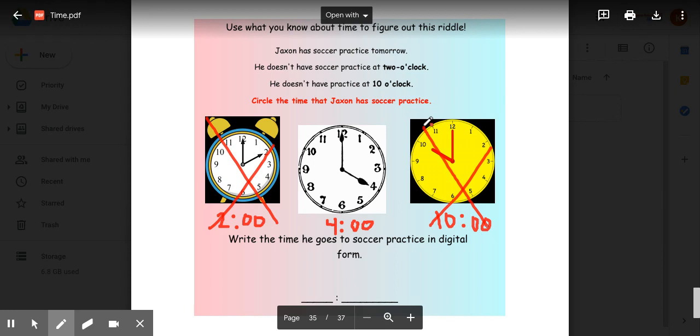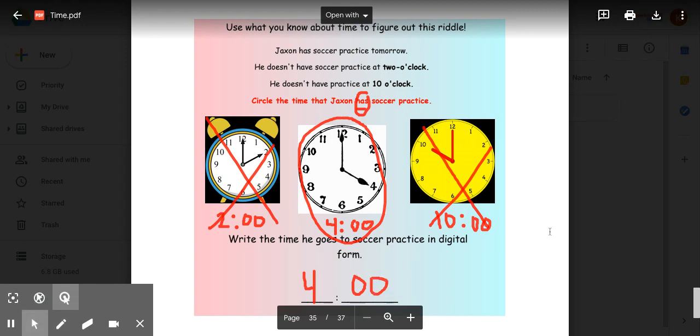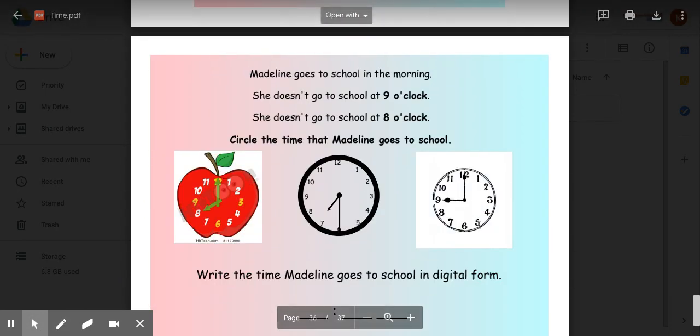He does not have soccer practice at 10. Circle the time that Jackson has soccer practice. So the only time left is 4 o'clock. We know he doesn't have it at 2, and he doesn't have it at 10, so he must have it at 4. And now I'm going to write the time digitally, the time he goes to soccer practice, which is 4 o'clock. Very good.